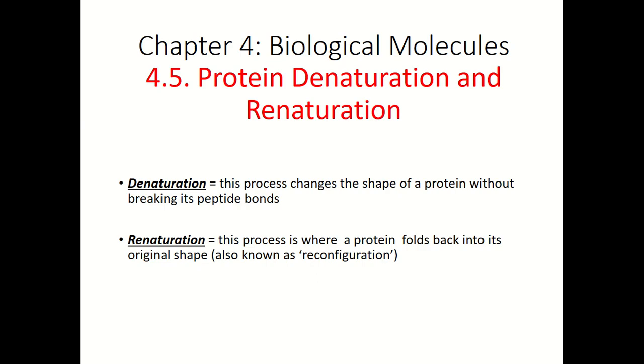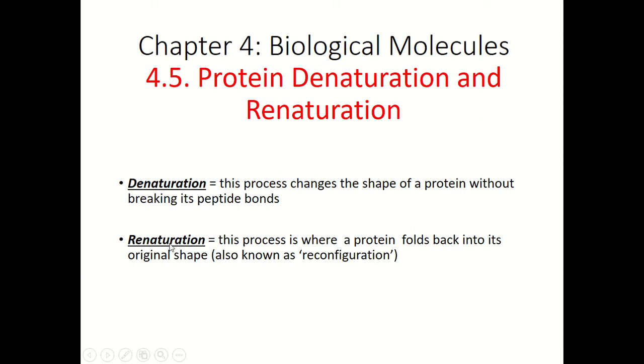And protein can change its shape through the process of denaturation and also renaturation. So what does it mean by denaturation and renaturation? Denaturation is the process that changes the shape of the protein without breaking its peptide bonds, meaning to say denaturation only breaks the hydrogen bonds, the disulfide bridge bonds, and other bonds other than peptide bonds.